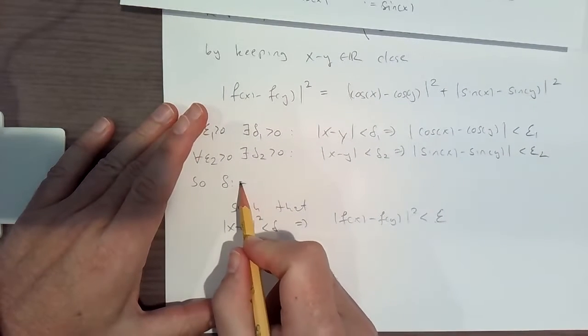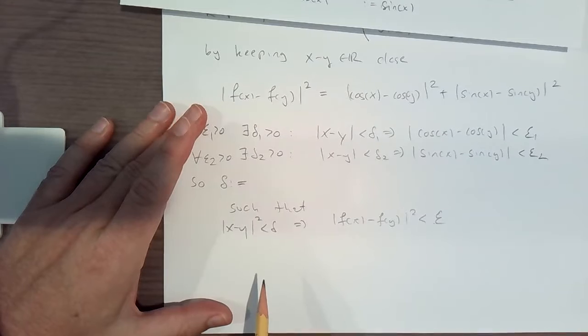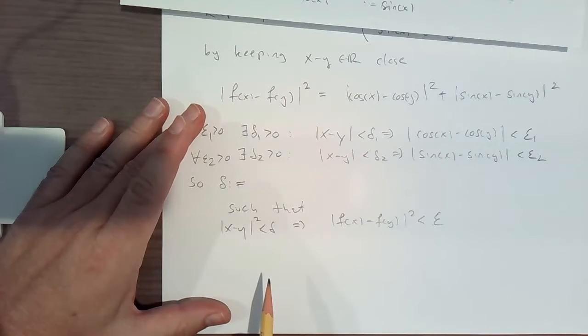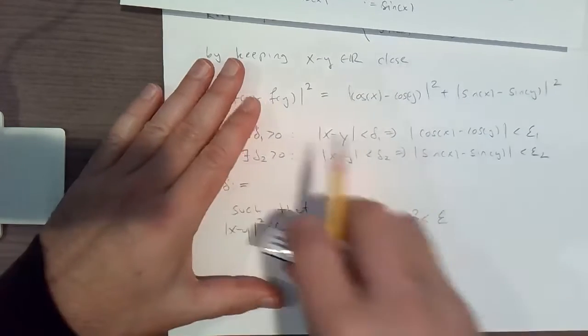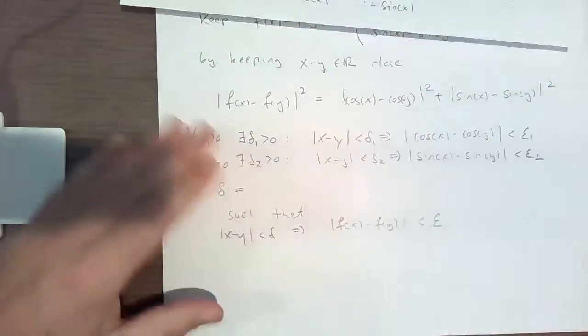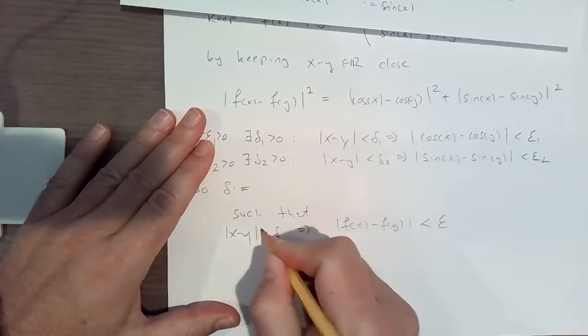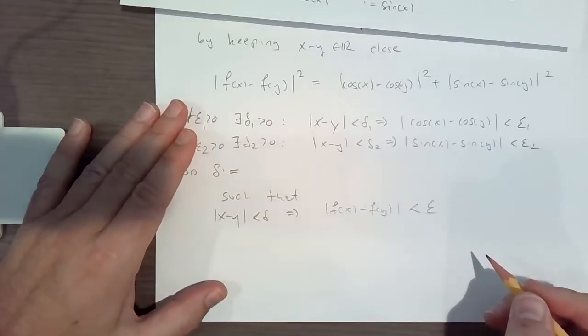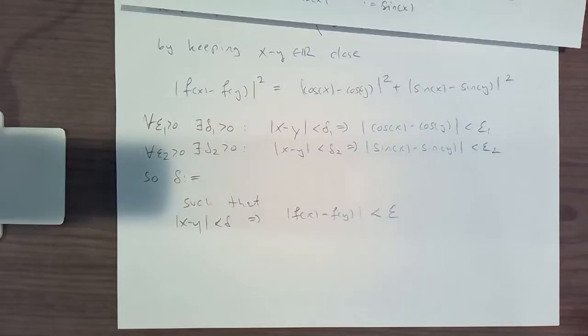What kind of a delta should I use? What do you guys say?